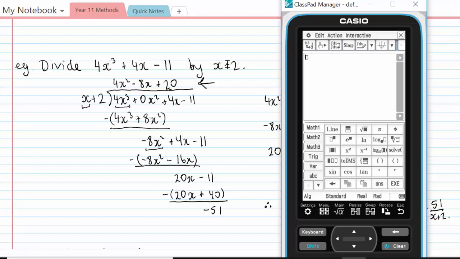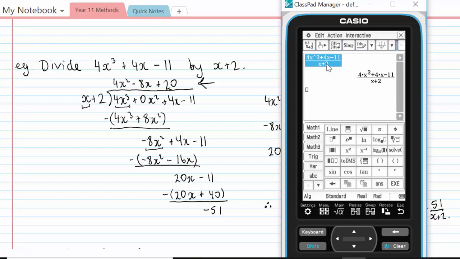So if I want to figure out what this is, what I can do is I can write the equation in. So I'll just use a fraction template. 4x cubed plus 4x minus 11 over x plus 2. Now, if I just hit execute, it won't actually do anything. It just displays it exactly the same as it would otherwise.